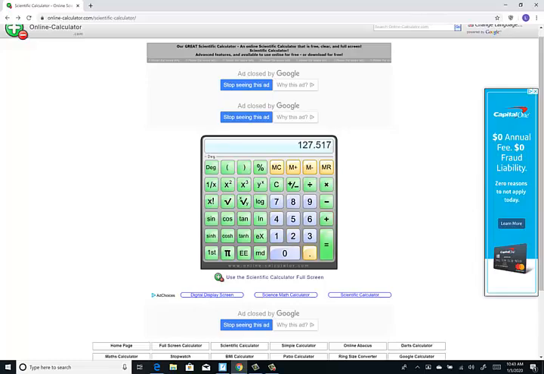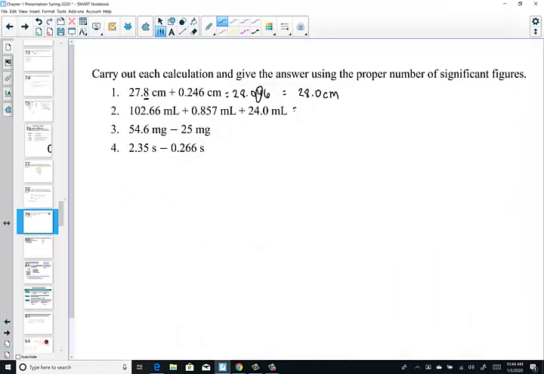And your screen reads like mine, 127.517. Now, how many decimals are we allowed to report? The first one gives us 2 decimals. Here we have 3 decimals. Here we have just 1. I'm only allowed to report the answer with the fewest number of decimals, which is just 1. That means the first number I'm going to have to drop is the 1. We don't round that up, so it's just 127.5 mLs.